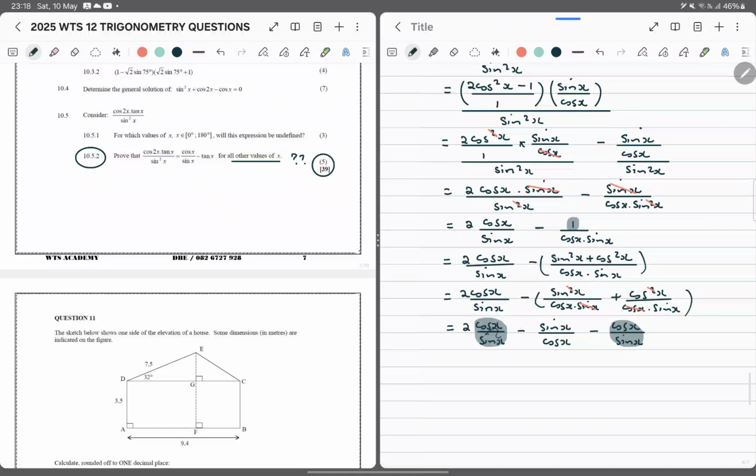So 2 of these minus 1 of that is just going to be just 1 of that, minus, this is the tan of x using identities. This is equal to the right hand side.